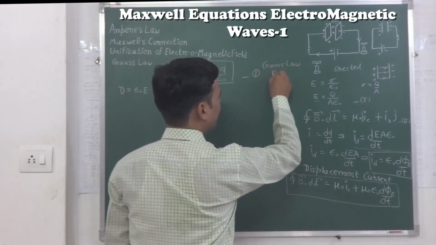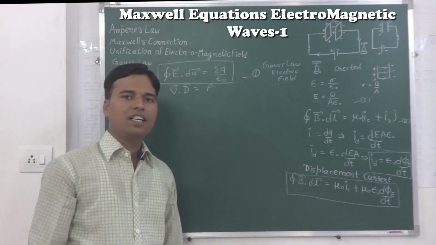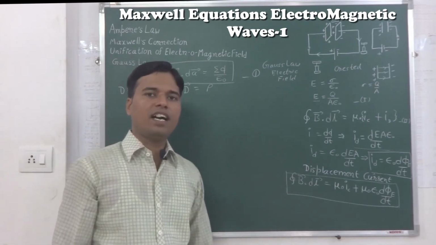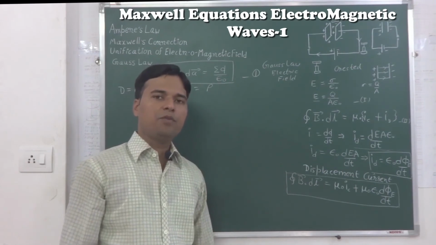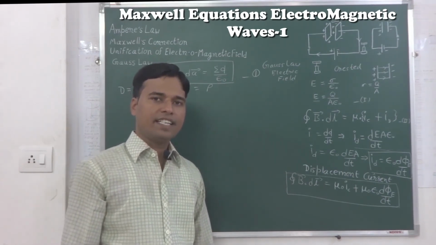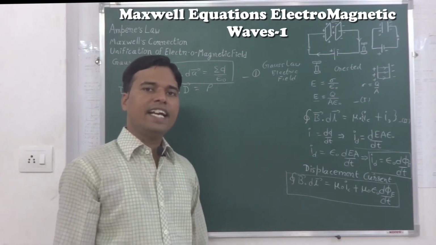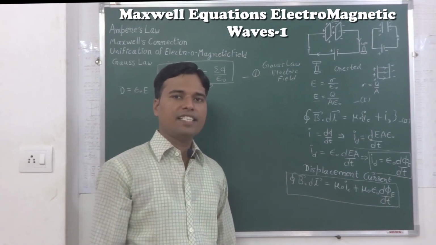for electric field, which was based on experiments in which we found that similar charges repel each other, opposite charges attract each other, and also the electric field is produced due to the charges.